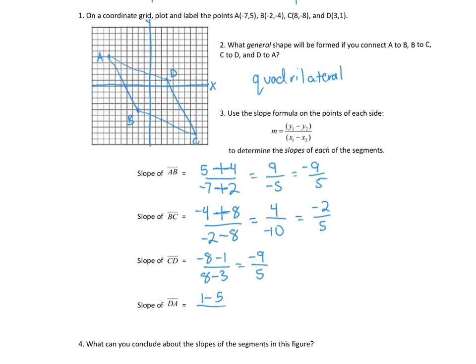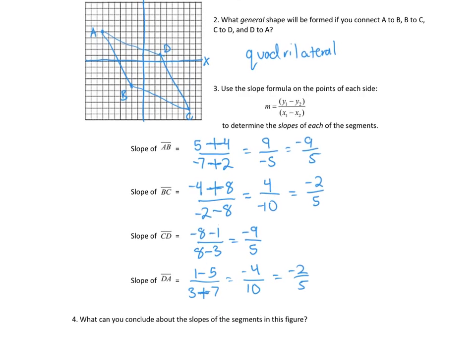Your x's are 3 minus negative 7 on the bottom. This gives me negative 4 over 3, this changes to a plus. 3 plus 7 is a 10. Simplify that, gives me negative 2/5. Divide the numerator and denominator by 2.